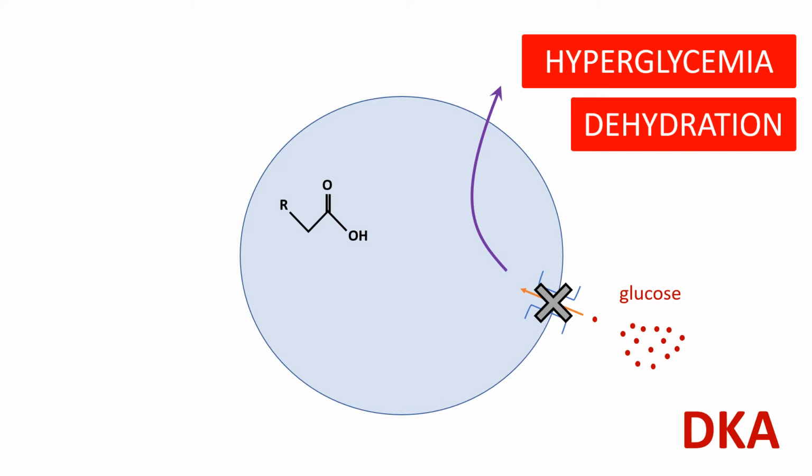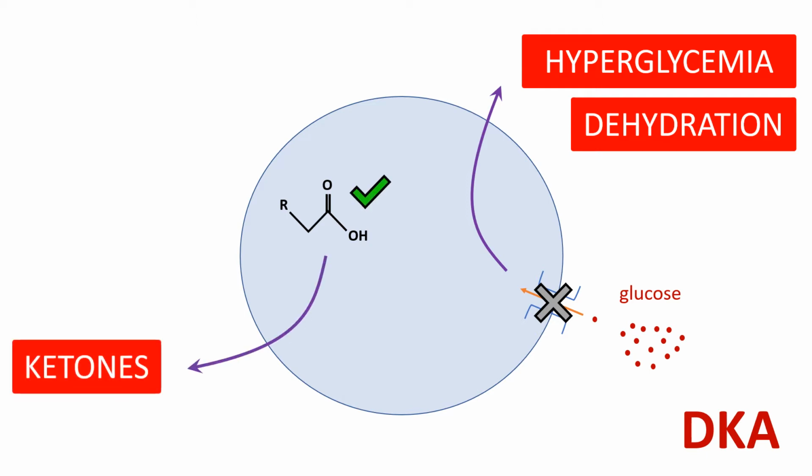The other effect of a complete lack of insulin in patients with DKA is that the inhibition of fatty acid oxidation goes away. This increases fatty acid oxidation, which results in increased ketone production. Ketones can be measured either in the urine as urine ketones or in the serum as serum ketones, and can also be measured as beta-hydroxybutyrate.